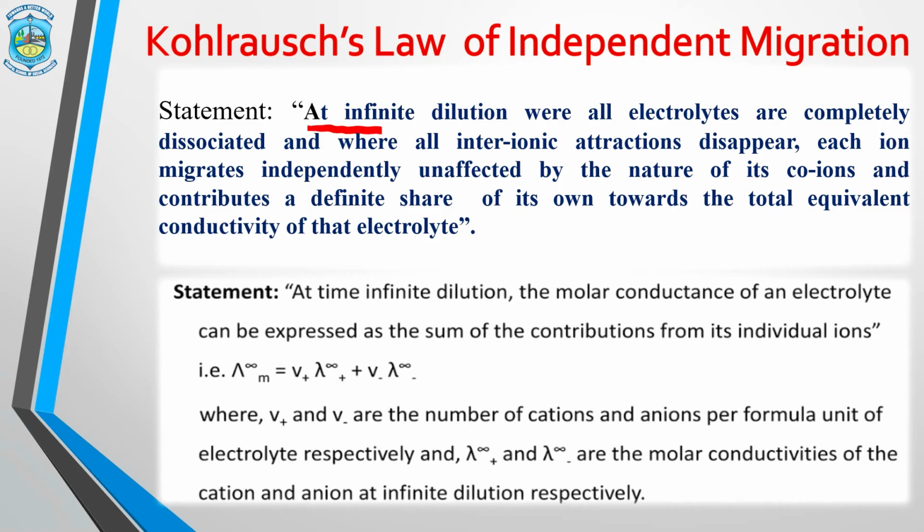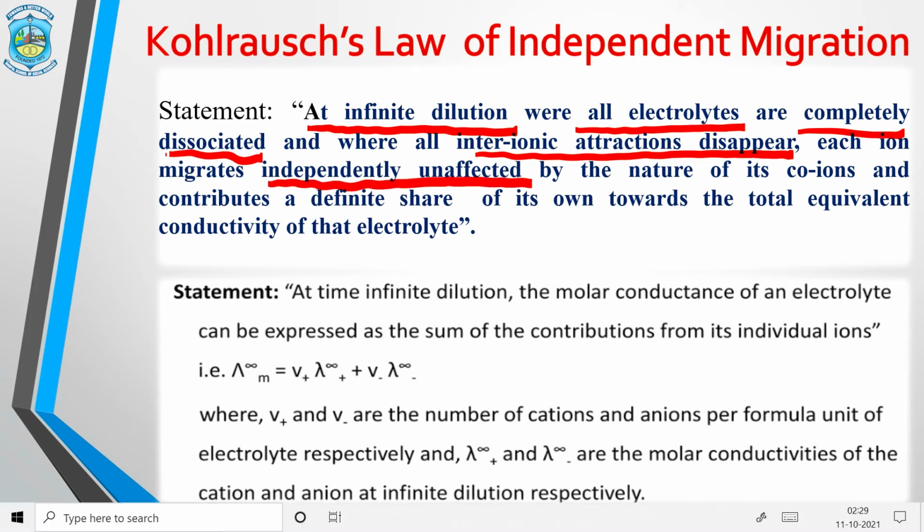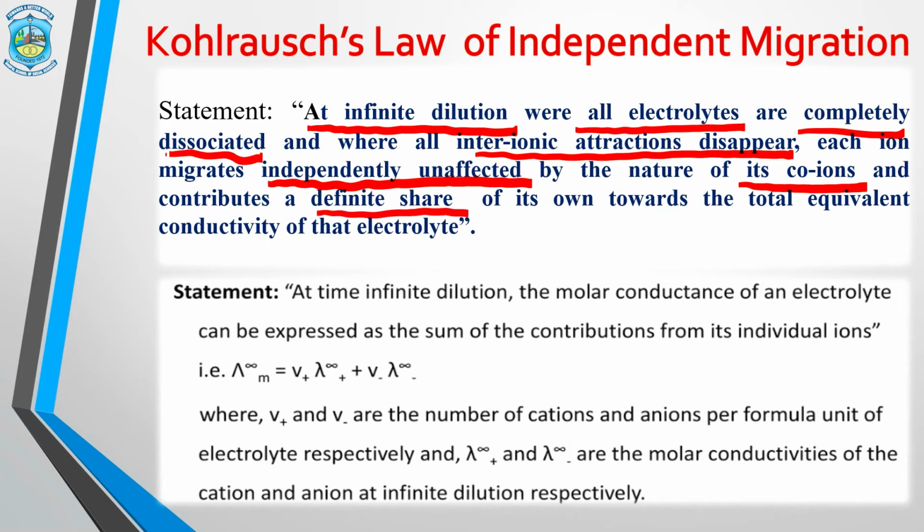At infinite dilution, where all electrolytes are completely dissociated and where all interionic attraction disappears, each ion migrates independently, unaffected by the nature of its co-ions, and it contributes a definite share towards the total equivalent conductance of the electrolyte.